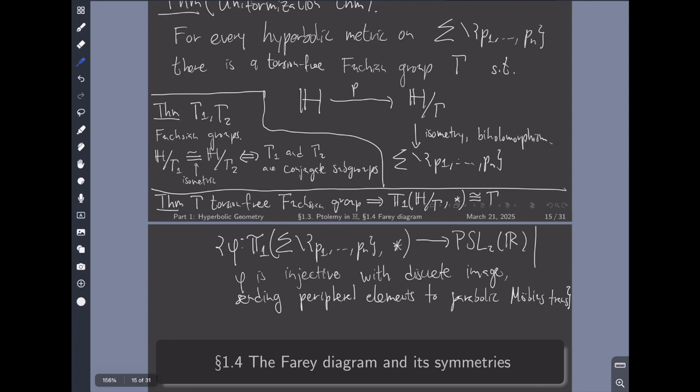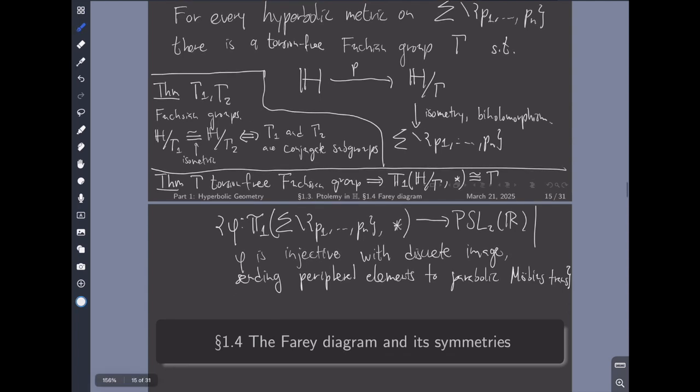And then what is a peripheral element? You see, let's say that on sigma you have the point pi, which gets removed. Your base point star is somewhere in the surface, and I'm assuming the surface connected, of course.